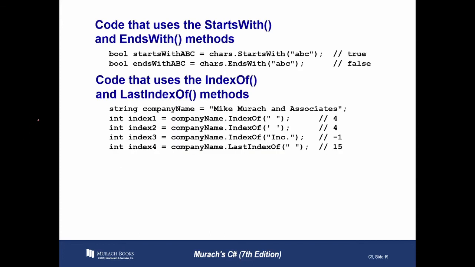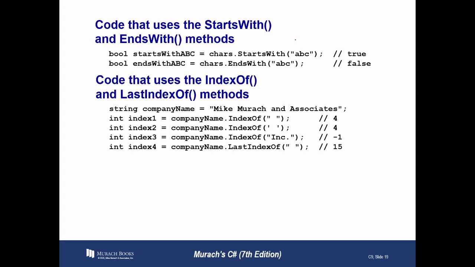And so let's go through the important ones. Okay, and understand that StartsWith and EndsWith are really evaluating to Booleans here. So if we look at this, we're saying chars.StartsWith ABC, okay, true or false, and EndsWith ABC.